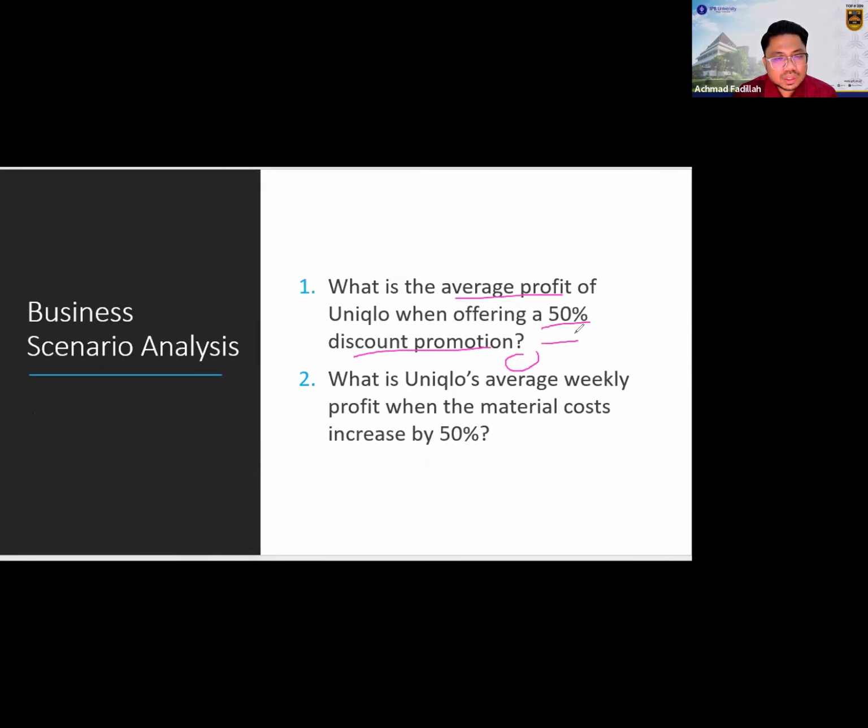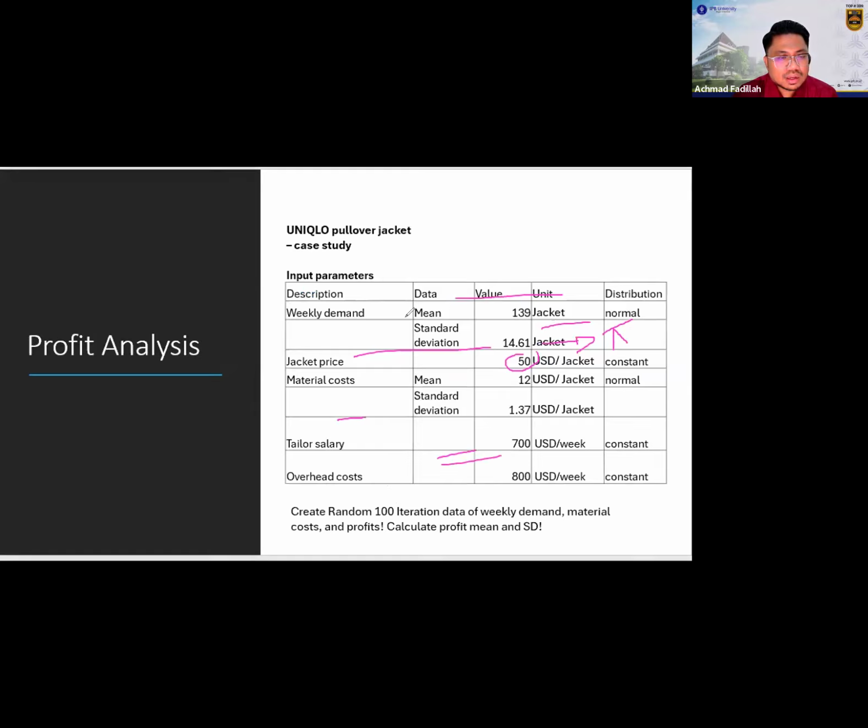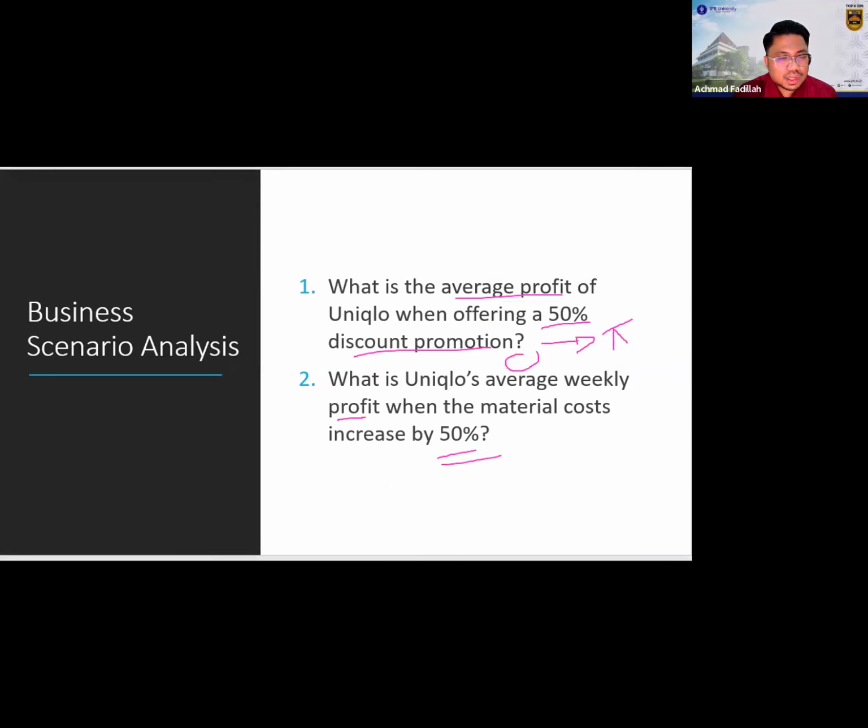What is the impact on the profit then? The other scenario is what is the Uniqlo average weekly profit when the material costs increase by 50%. Yeah, 50% of the material costs here, and this will affect the profit. That's the idea of this simulation.